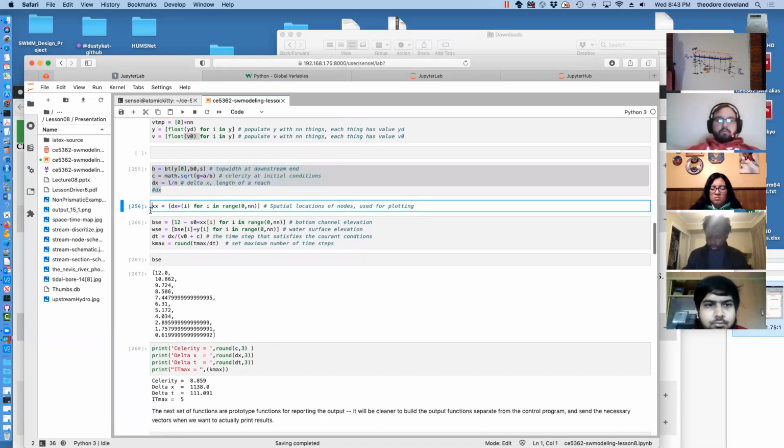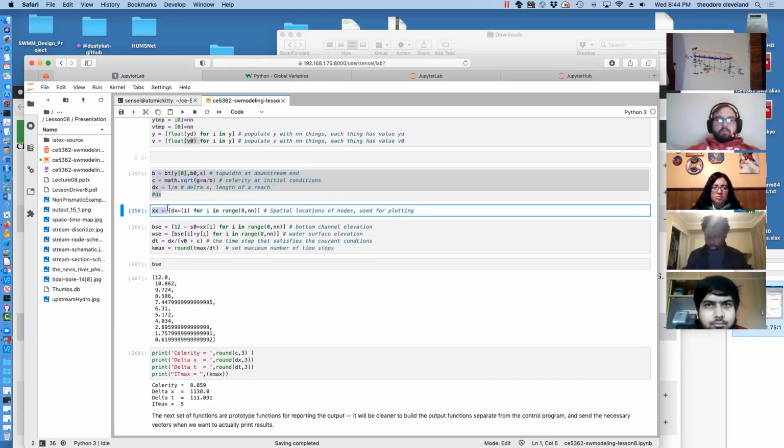Next, we're going to need to know where we are in space later on for plotting. Our little comment statement tells us that this is the spatial location of nodes, or cross sections, that are used for plotting. We're going to take the delta x that we've just computed and multiply it by the position, starting at 0 going up to nn in steps of 1.